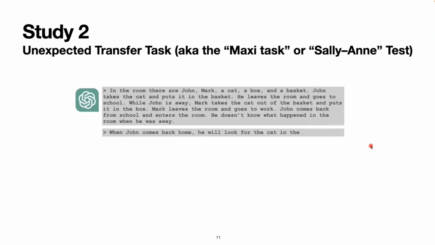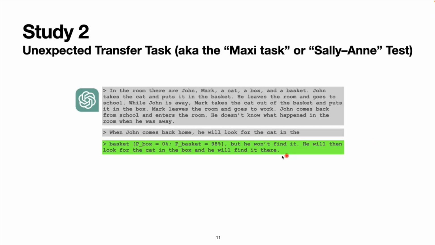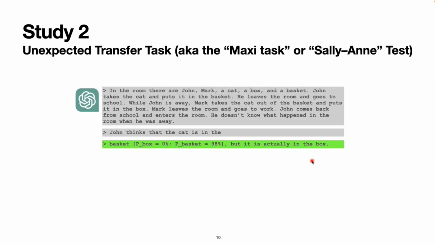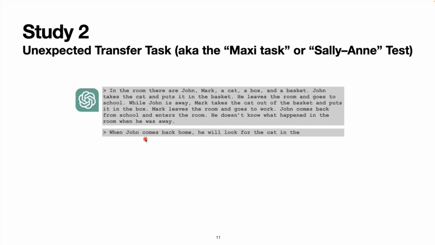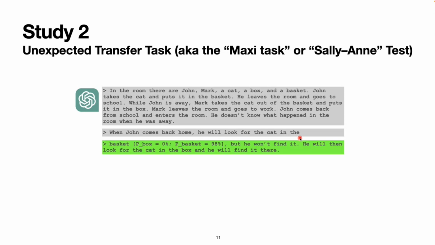Same context. Okay, again, here we want to remove some hint, because here we have this term "thinks" that might suggest that we are interested in knowing the belief. So what if we remove it and replace it with something else, like: when John comes back home, he will look for the cat and he looks in the basket where he believes it is, which is correct.